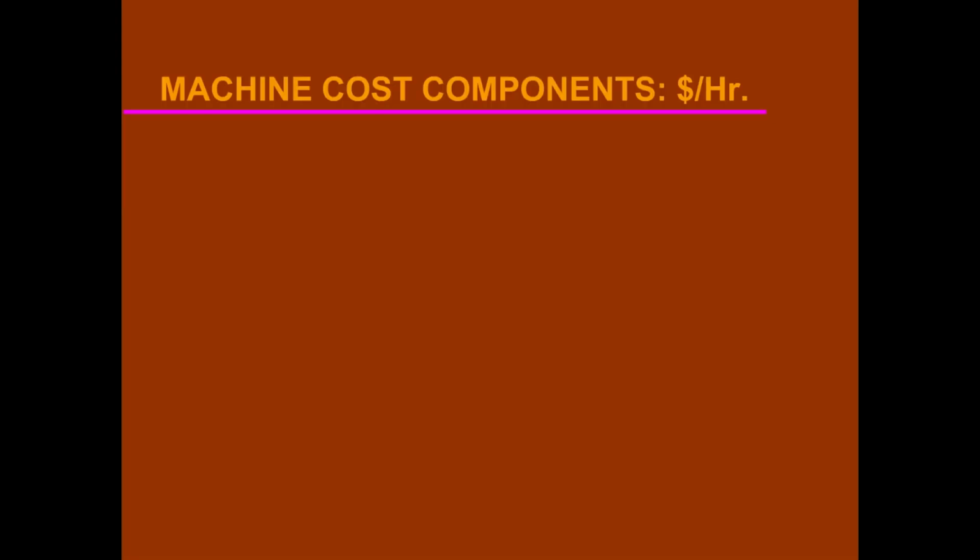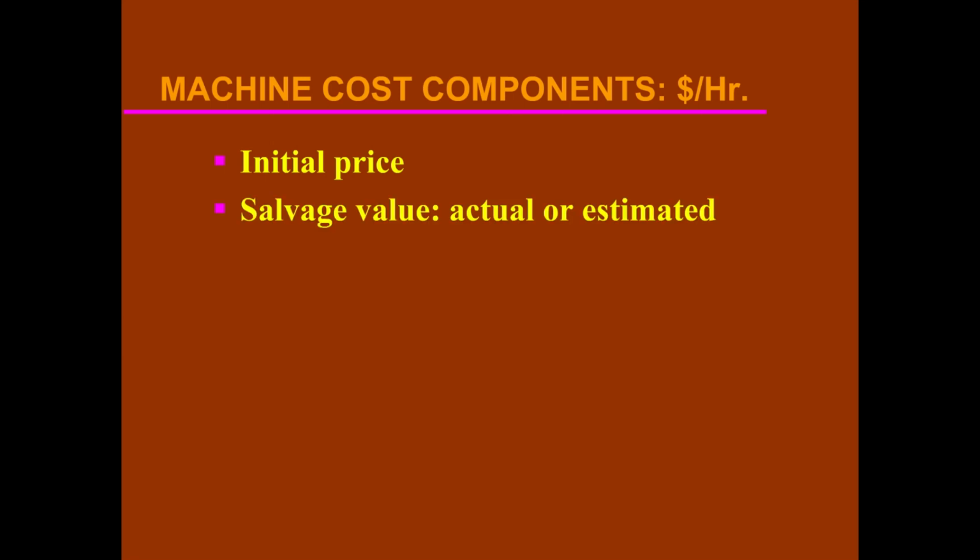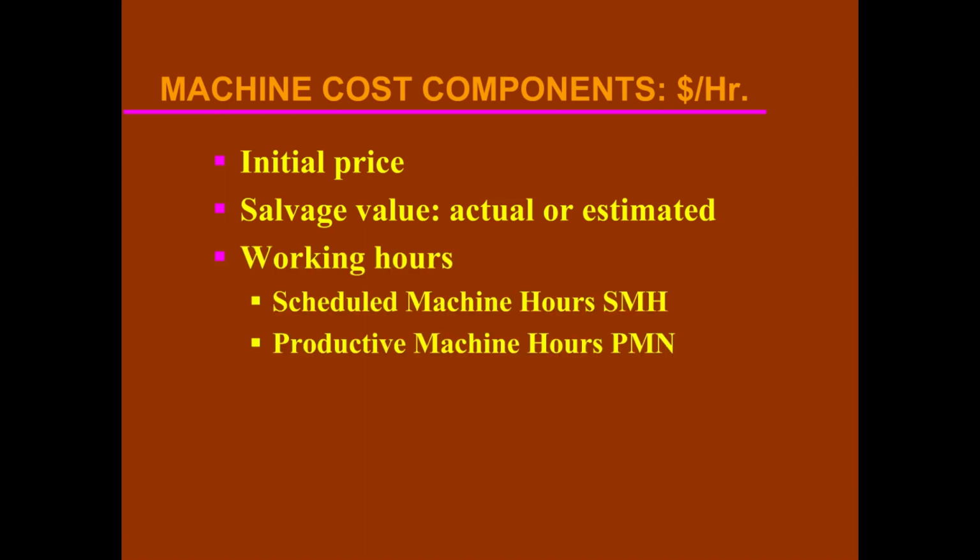When we start talking about our machine costs per hour, we start out with the initial price of the machine that we're going to be using. We estimate the salvage value because we drop that off of our calculations. We go to these hours that we were talking about yesterday and base our cost on scheduled machine hours or productive machine hours. For our purposes, we'll deal with everything on scheduled machine hours, and anything we have will translate to that value.